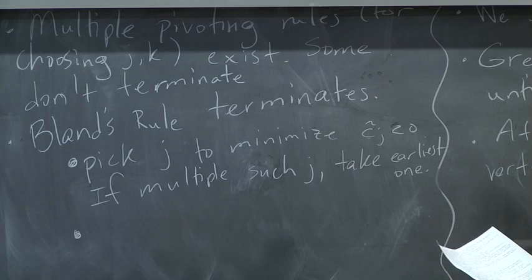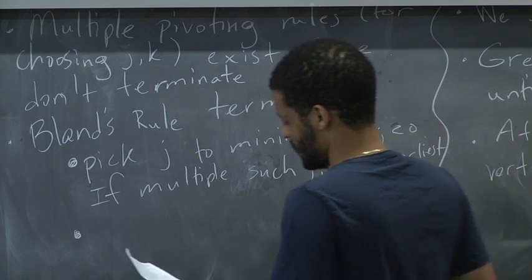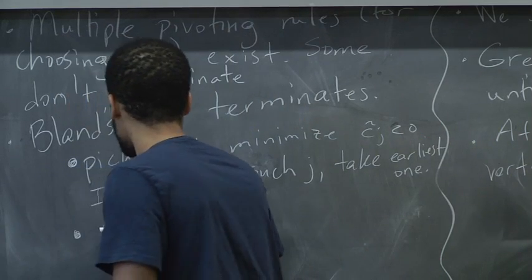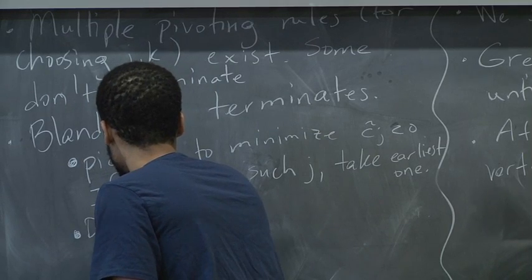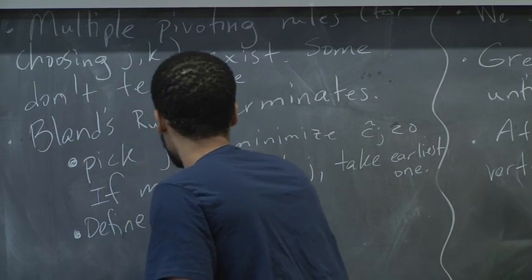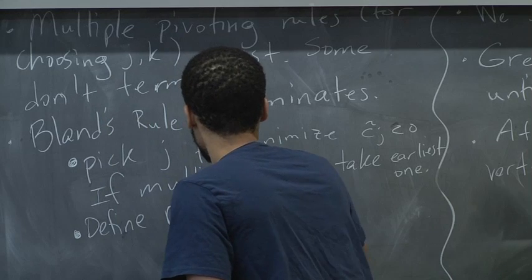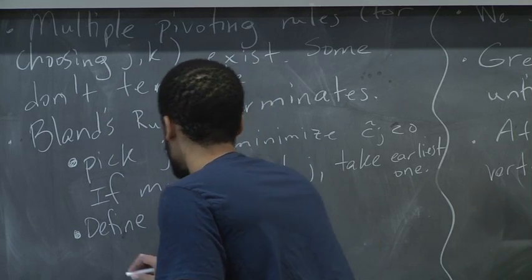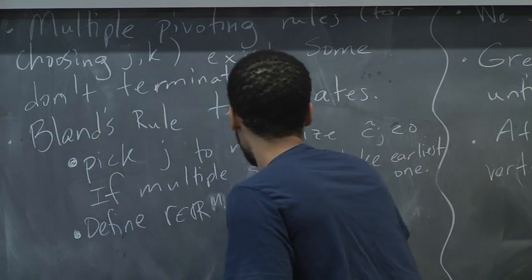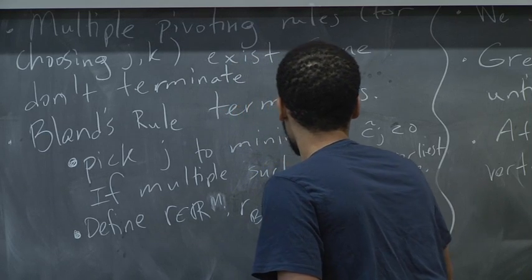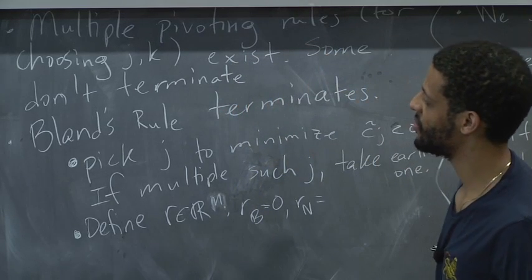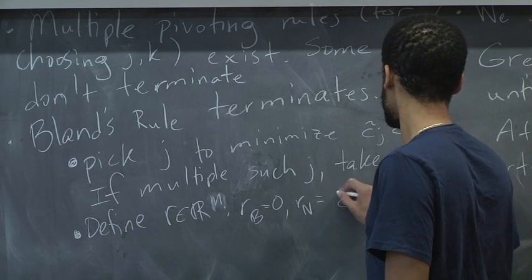Well, define this vector r where RB is 0 and Rn is basically this reduced cost.